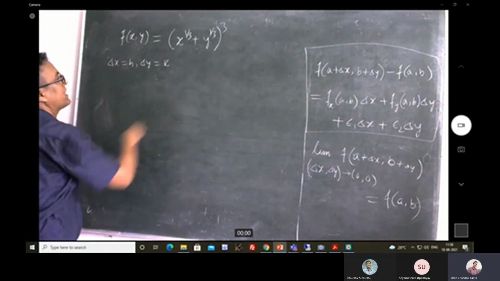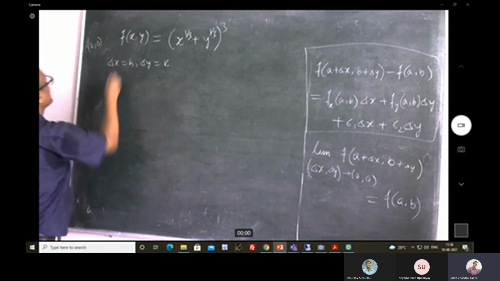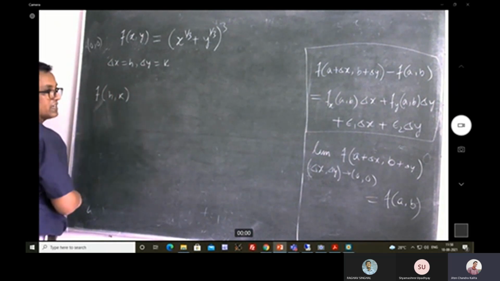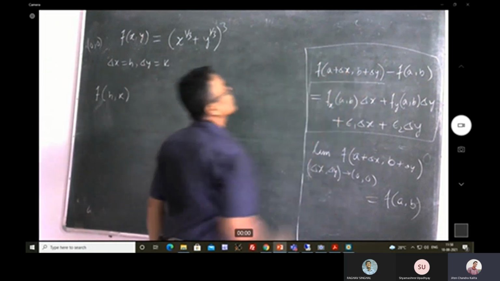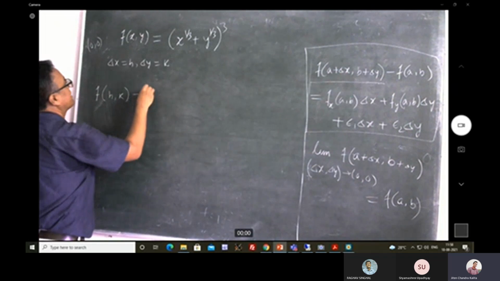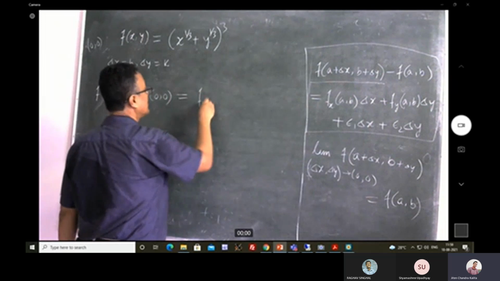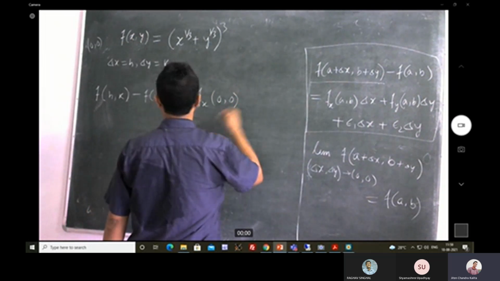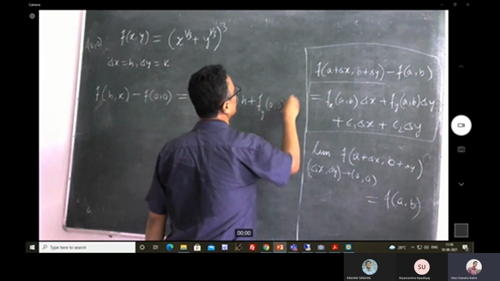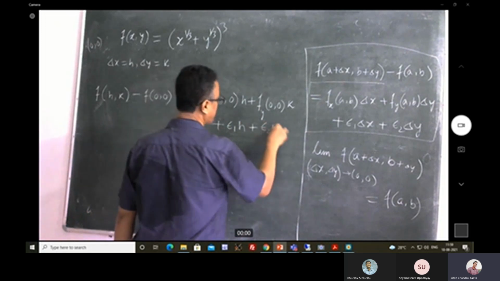So if I want to check the differentiability at the point 0, 0, I'll have to consider f of h, k, which is basically f of 0 plus h, 0 plus k, minus f of 0, 0, and then fx at 0, 0 times h, that is delta x, plus fy at 0, 0 times k, plus epsilon 1 h plus epsilon 2 k.